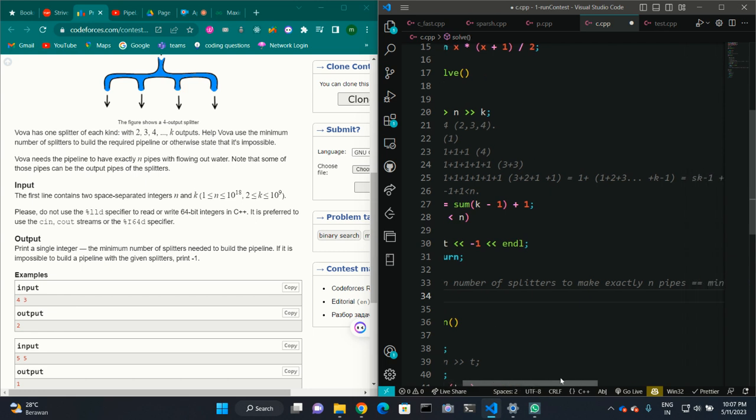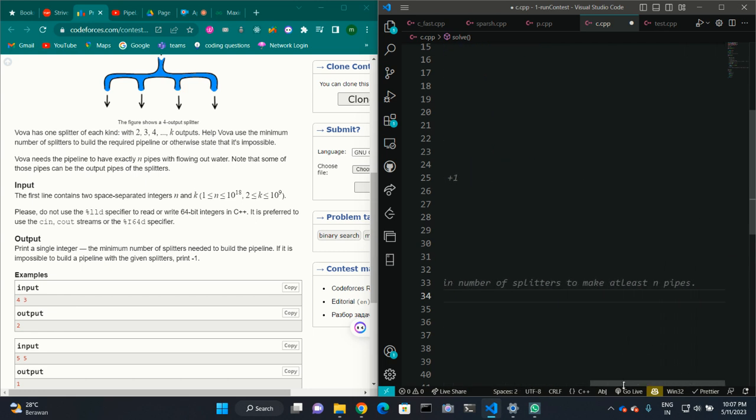So we obviously know, suppose to make n pipes, at least n pipes, we required, let us suppose our n here is 3.